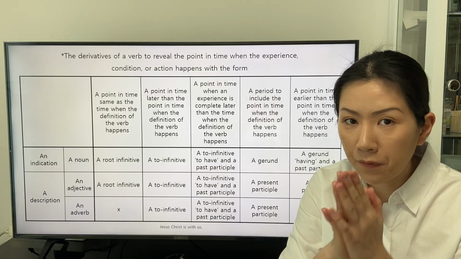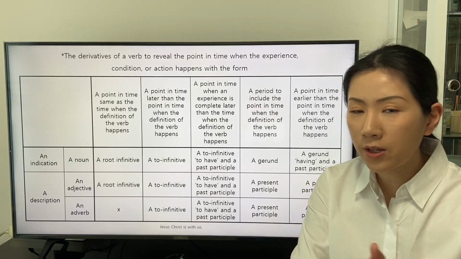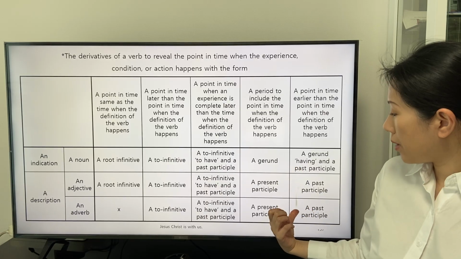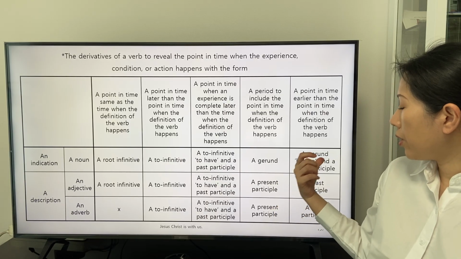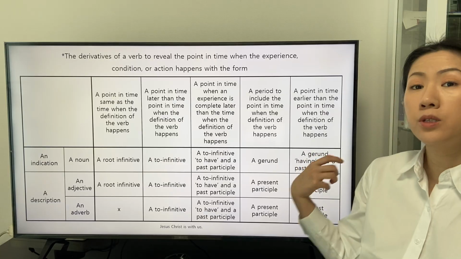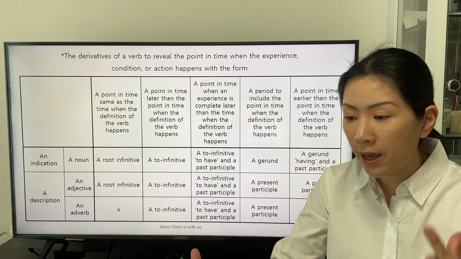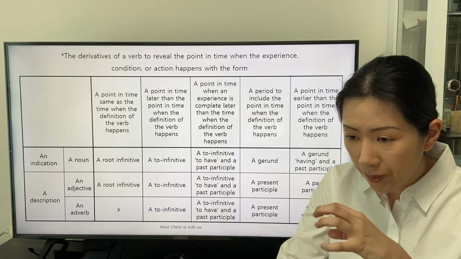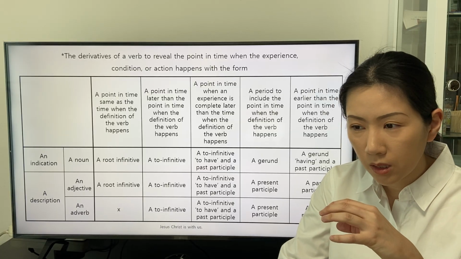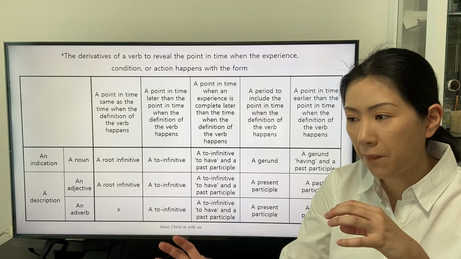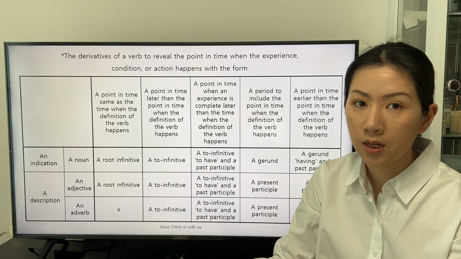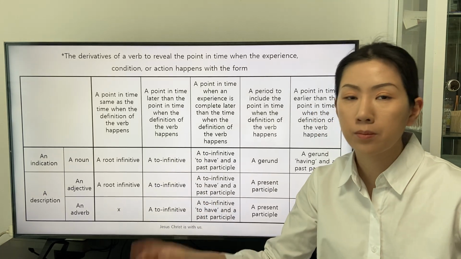When the definition of the verb actualizes, the definition of the past participle, and a gerund having a past participle reveal that the verb, which is the original form of the past participle, actualized already ahead of the definition of the verb.